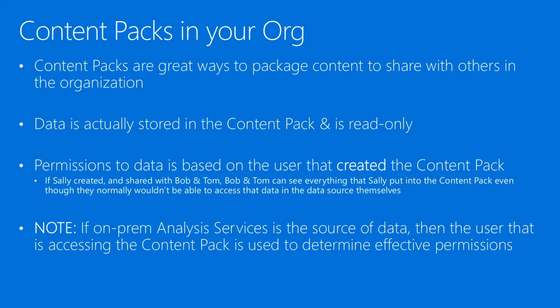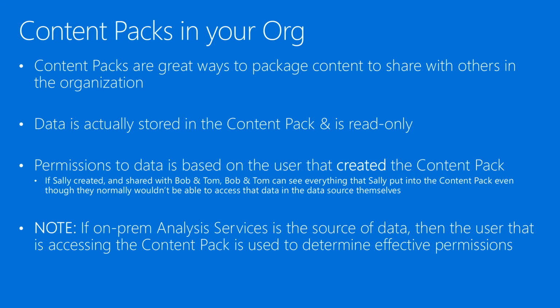The data is actually stored in the content pack, and I'll put an asterisk there because I have a note at the bottom, but the data is in the pack itself, and it's read-only. So when I open the content pack, I'll view whatever data is there, and for the most part, that is what you, who created the content pack, put in there. Now, note at the very bottom, if the data for the content pack is coming from Analysis Services, this is where all that RLS stuff factors back in.